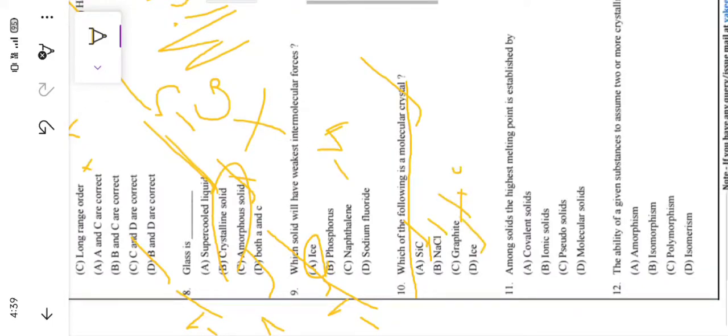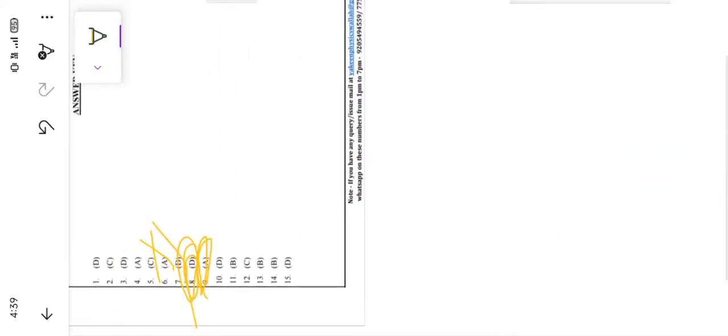Ice is polar. Answer is 10A, oh, 10D. Molecular solid. Oh my god.